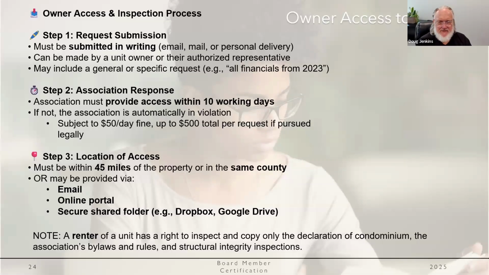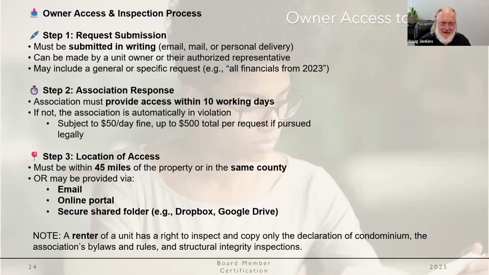Owners get access to the association records. If they want access to the records, they must submit a request in writing. There is no requirement for it to be certified or anything else. It can be an email, regular mail. They can drop a note by the office or the management company.